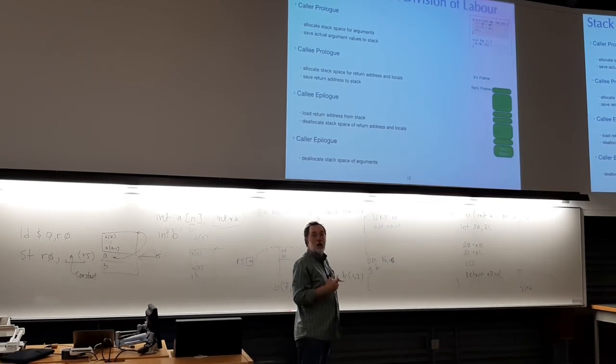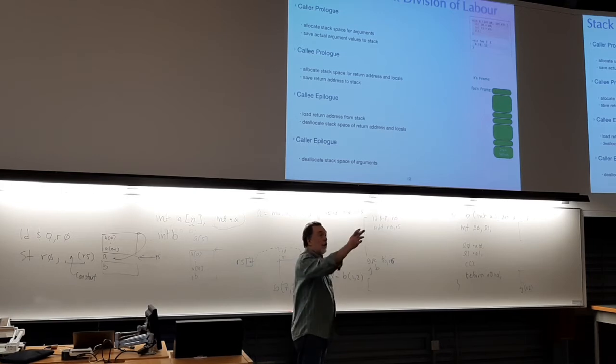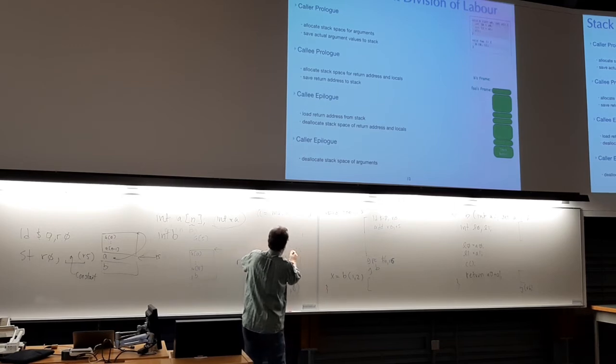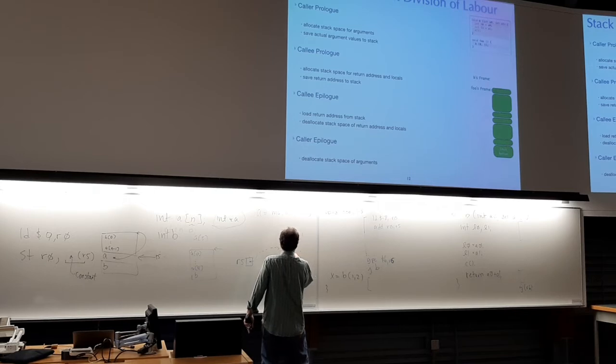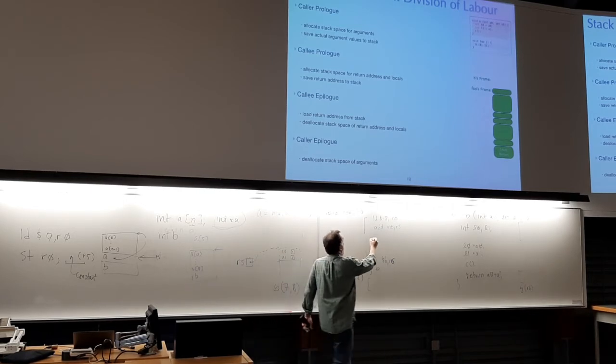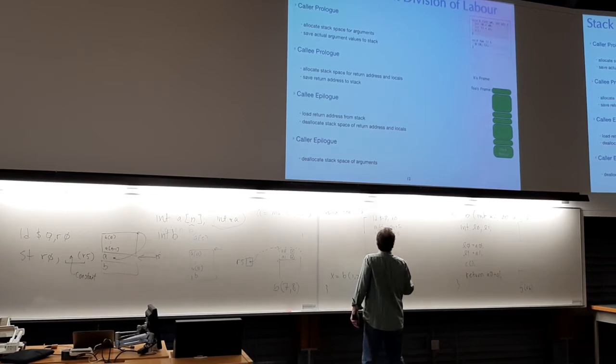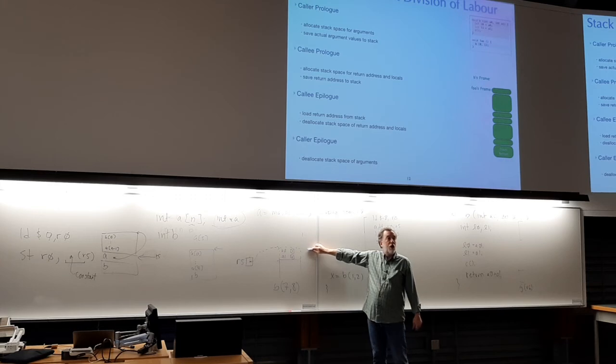And what's the other thing I need to do? I have to store 1 here and 2 here. So I do this. I'm going to put 1 into R0 and then store R0 at the offset for A0 from the current stack pointer, which is what?